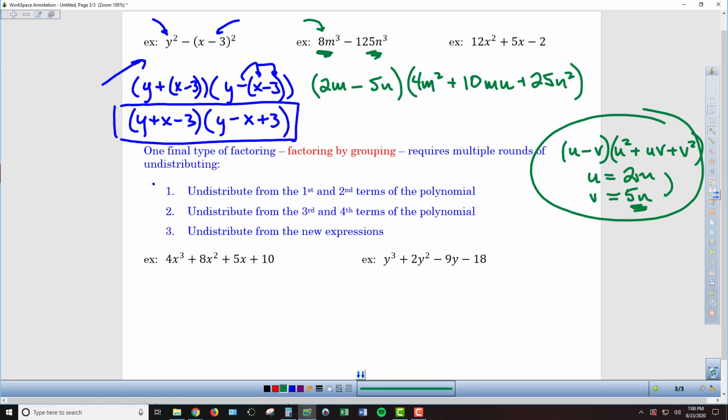And again, we can try as much as we'd like to. That second set of parentheses is not factorable, so that is the best that we can do.